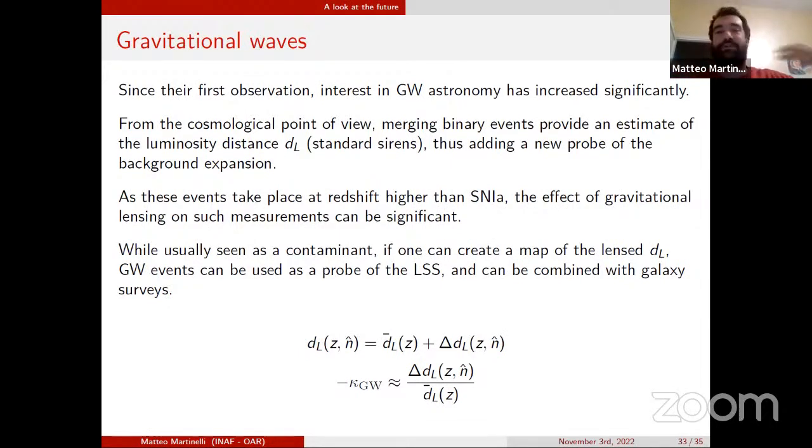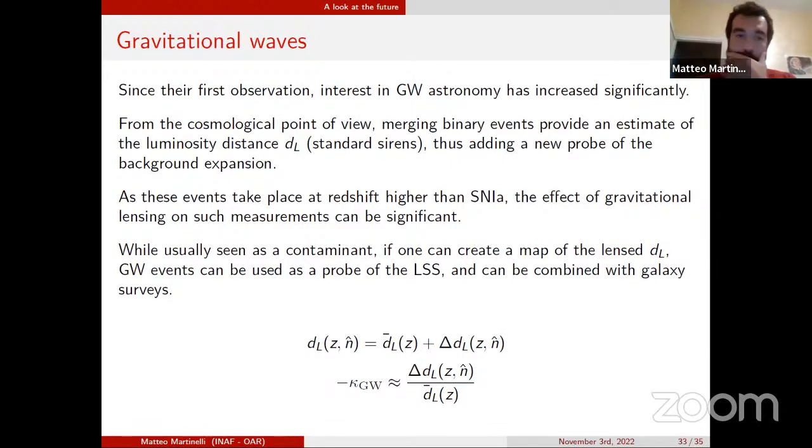Since its first observation, everybody started to work on gravitational waves, myself included. Everybody's interested now because it's a completely new observation, with different nuisances and different systematics. It's very helpful for something like this.